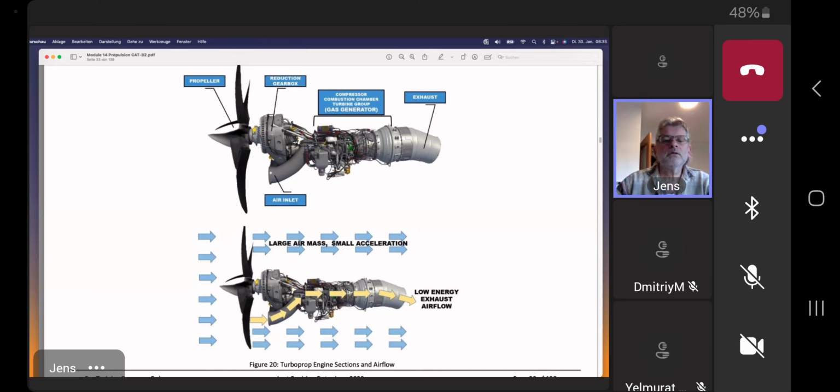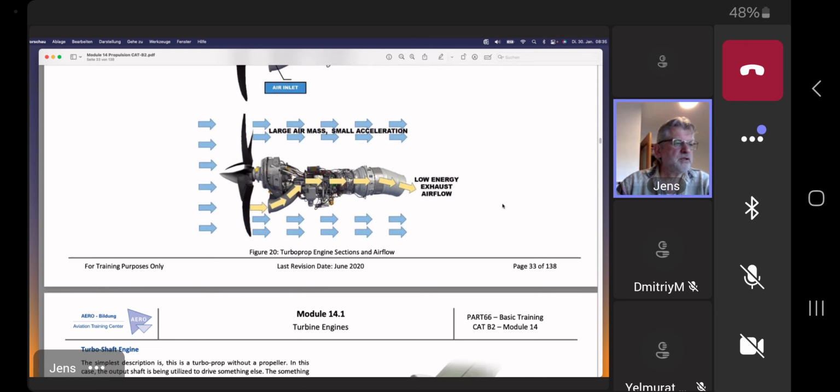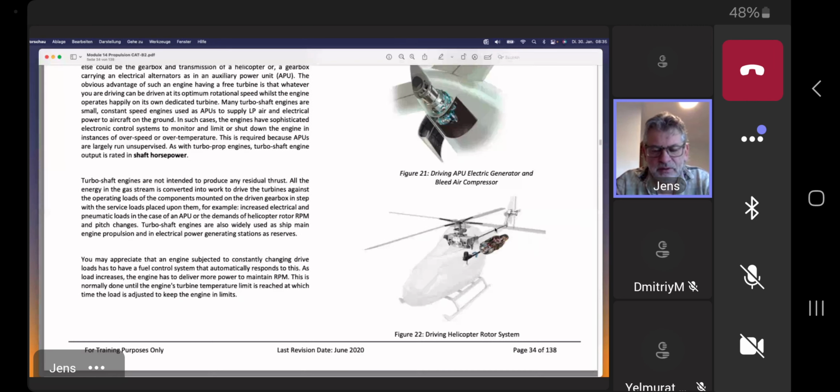Depending on the engine, skipping to maybe a helicopter engine, for example an engine for a helicopter, we have absolutely no interest in any thrust produced by an exhaust. So we try to gain only shaft horsepower, and so we call it SHP.